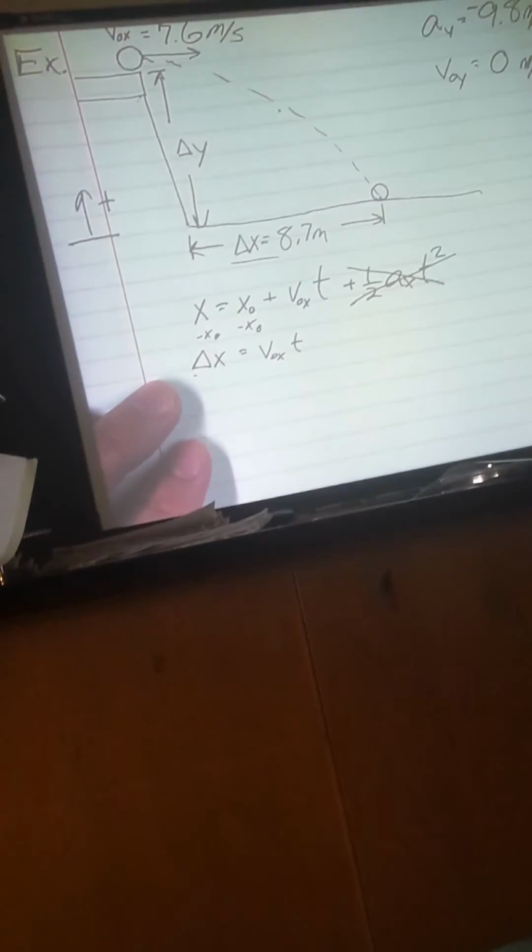Now I can find t, because I've got delta x and I've got v sub x. So t would just be delta x divided by v sub x.